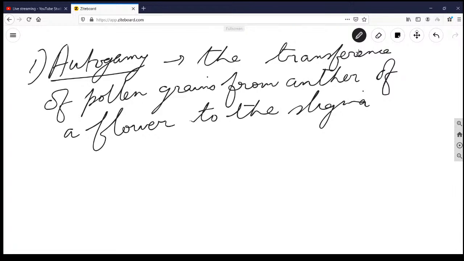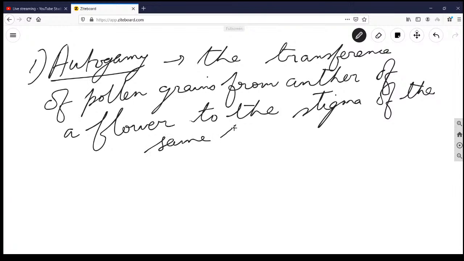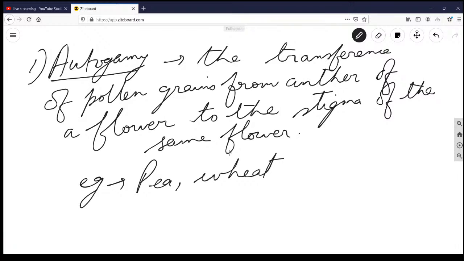Means that you cannot even change the flower here. Same flower. Okay. So that is evidently bisexual. The plant must be bisexual completely. So example, you have pea, you have wheat, okay, then you have rice, etc. Okay, you have multiple examples of such things.